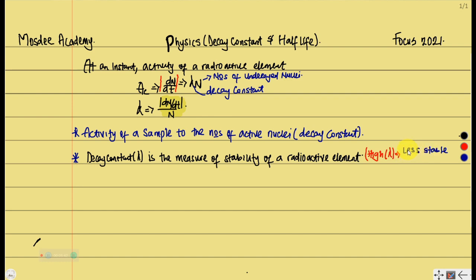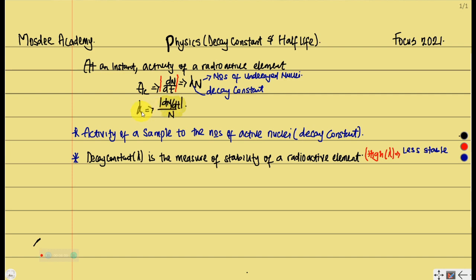When it is less stable, it means that lambda, the decay constant, is proportional to activity. So if there is a high value of lambda, it's directly proportional, and that particular substance will have a high rate of disintegration, or it will decay rapidly or very fast.